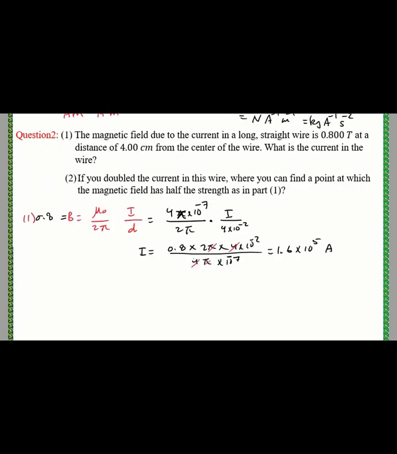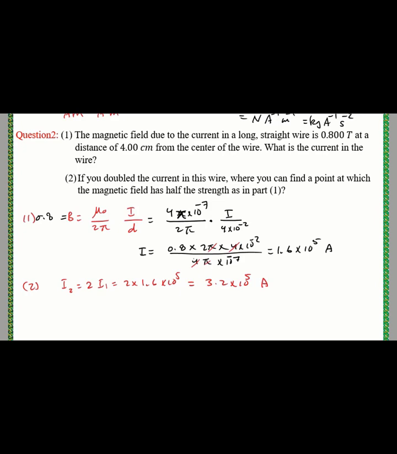Now, if you double the current in the wire, where can you find a point at which the magnetic field has half the strength as in part 1? Now we double the current, so the new I equals double I1, 2 times 1.6 times 10 to the 5, it is 3.2 times 10 to the 5 amperes.